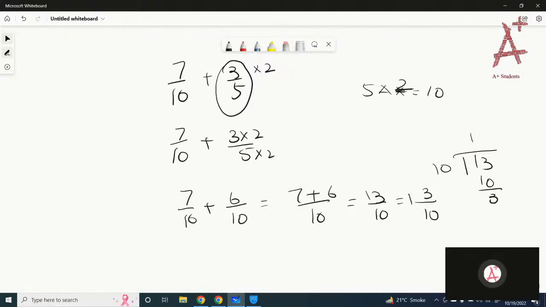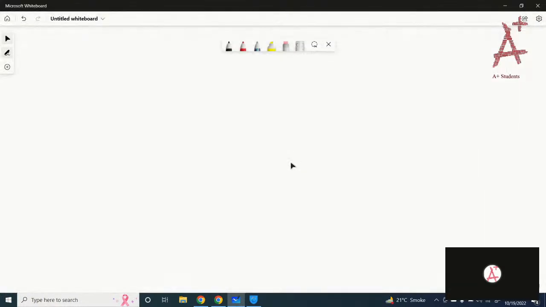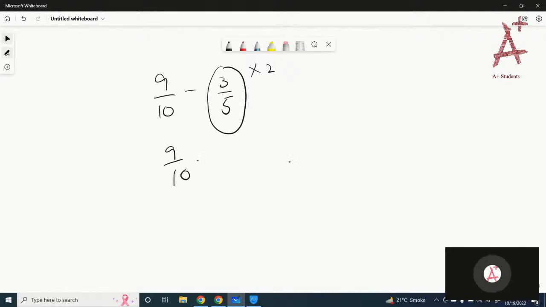Okay, the next one is 9 by 10 subtract 3 over 5. Again, first of all, you need to make their denominator same. So you need to multiply this fraction by 2. So it would be 9 by 10 minus 3 times 2 divided by 5 times 2.